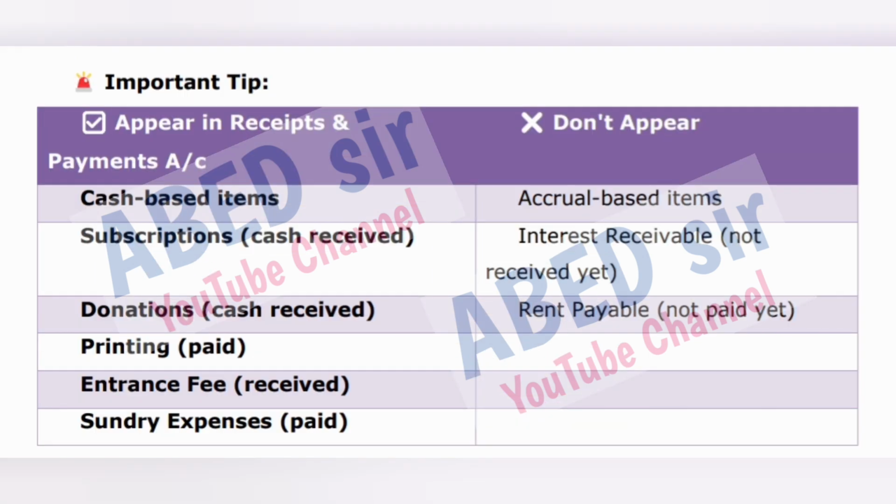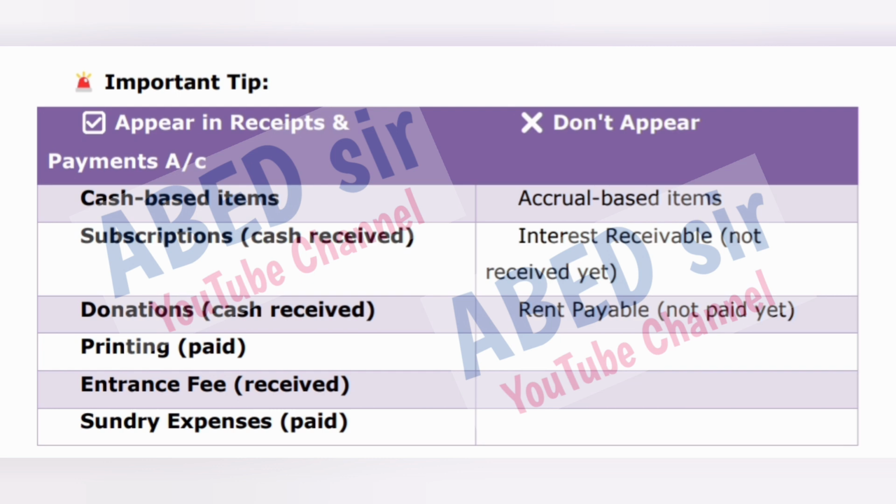Important tip: cash-based items appear in receipts and payments; accrual-based items don't appear. Subscriptions, cash received. Interest receivable, not received yet. Donations, cash received. Rent payable, not paid yet. Printing, paid. Entrance fee, received.